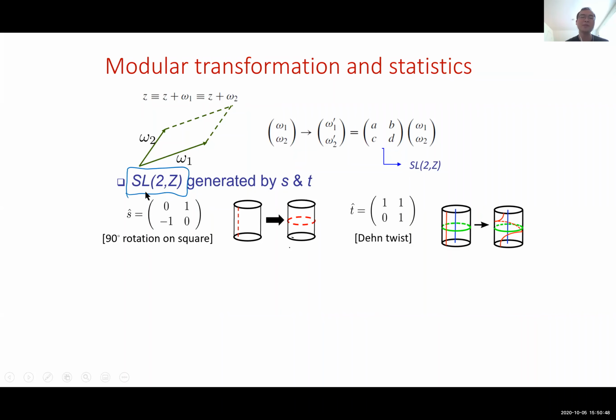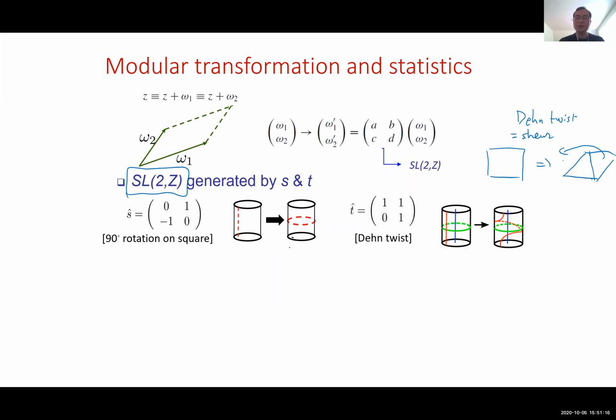But basically the upshot is that it's a combination of rotation and the Dehn twist. Okay, Dehn twist, you can also regard that as a shear. It's basically shear. So also shear. And then you just move this back to that.